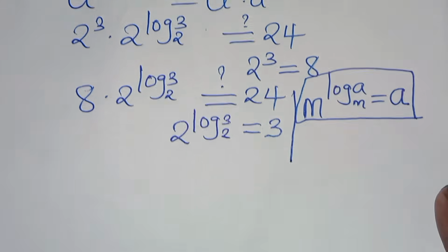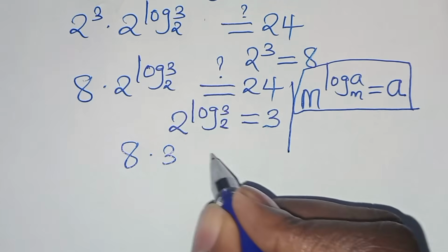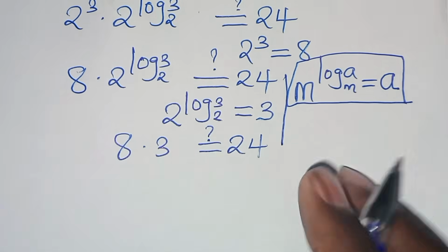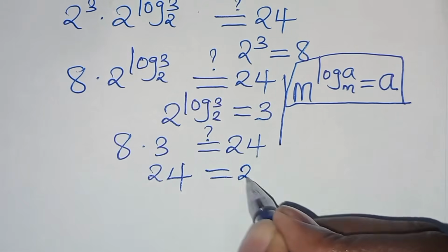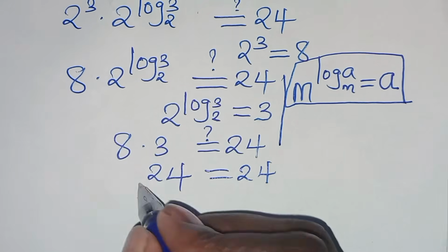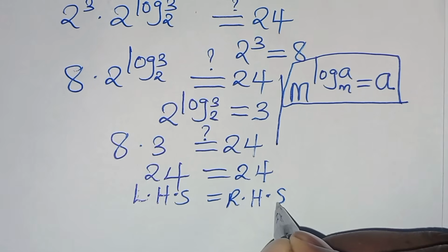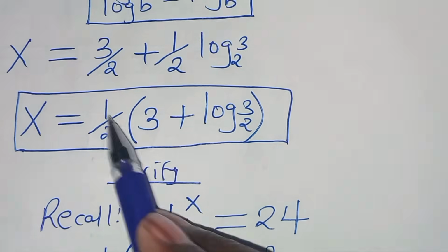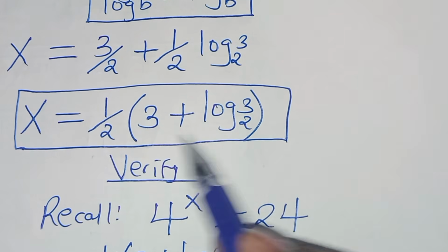So from here, let's substitute 3 so that we have 8 times 3. 8 times 3 is equal to 24, which is equal to 24. So this implies that the left hand side is equal to the right hand side, and the value of x, which is half into the parentheses 3 plus log 3 to base 2, satisfies the equation.